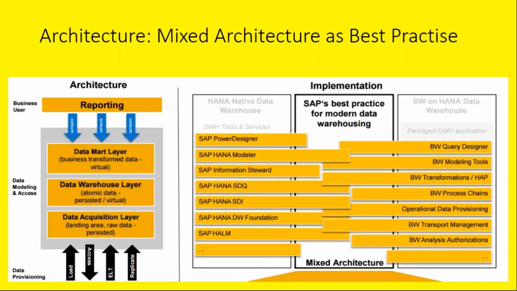So we have tools like SDI and SDQ that have been added into the BW environment, which allow you to integrate with different sources, transform the data, and check for data quality as well. We also have Power Designer for modeling and SAP HANA Modeler specifically for the HANA design.